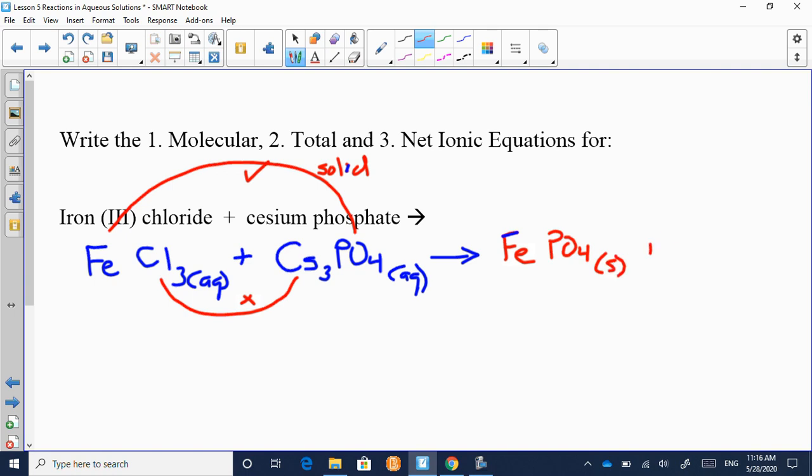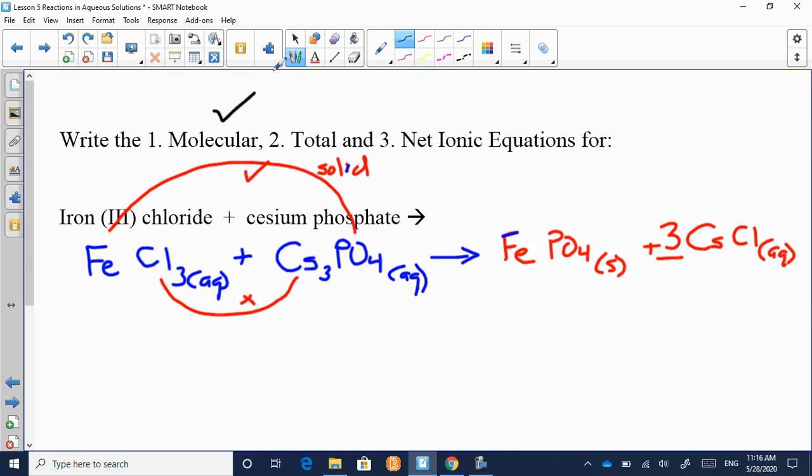And then I'm going to write plus cesium chloride, and cesium's +1, chloride's -1, and so I'm going to leave it as aqueous and no subscripts. Okay, let's balance, and as I balance here, I just need a 3 there.